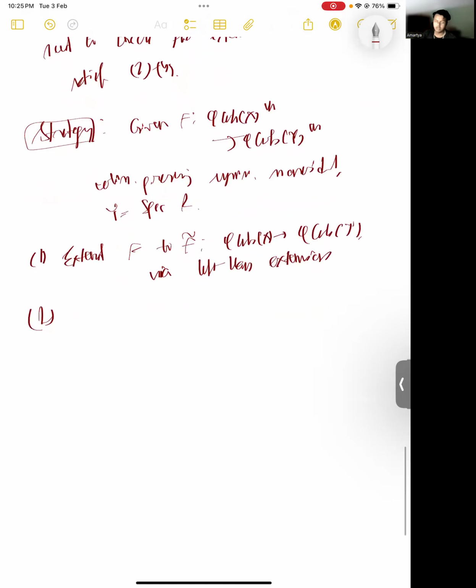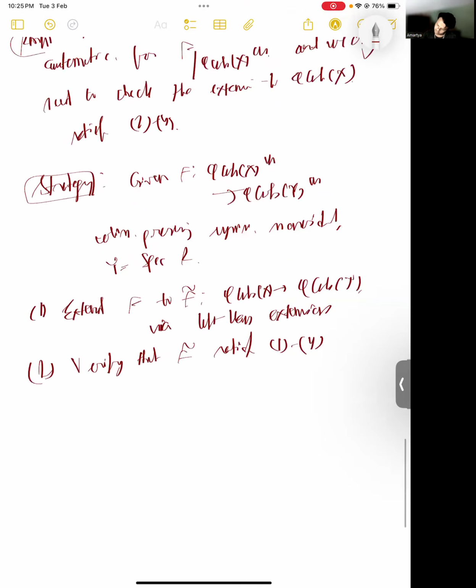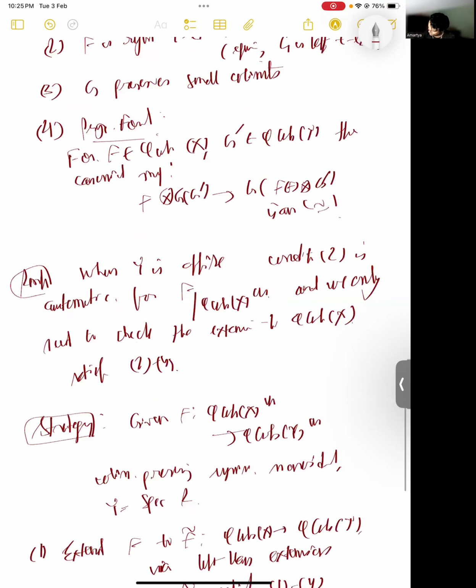Then verify that F tilde satisfies these 1 to 4 that we have in Lurie's theorem.